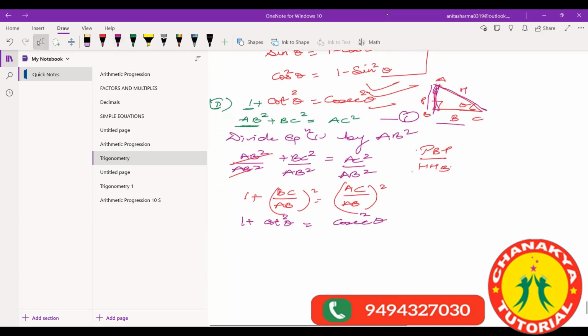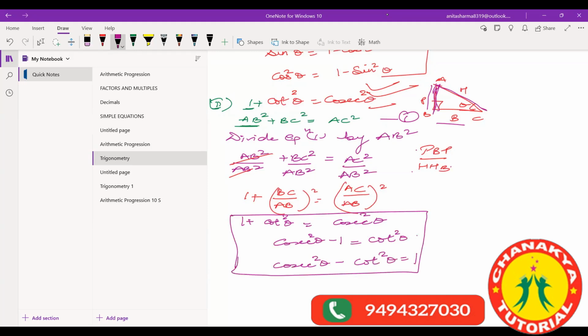Now from this identity also you can find two values. First, cosecant square theta minus 1 is equal to cot square theta, or cosecant square theta minus cot square theta is equal to 1. So this is your second identity. Okay, beta?